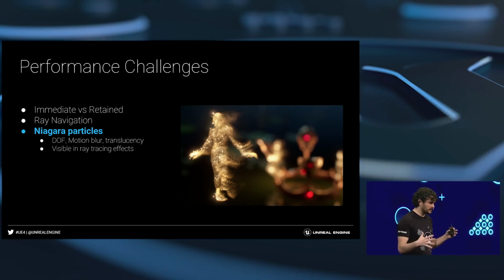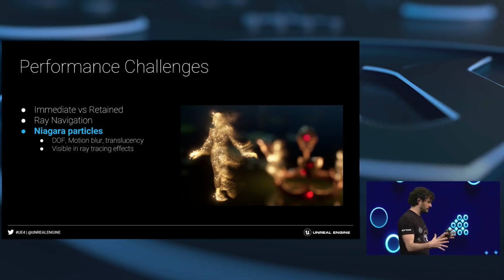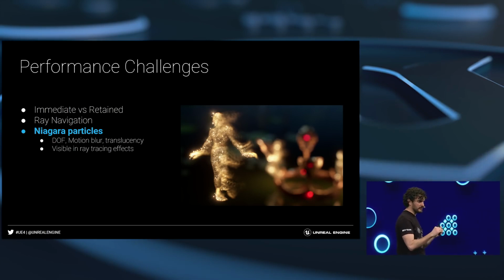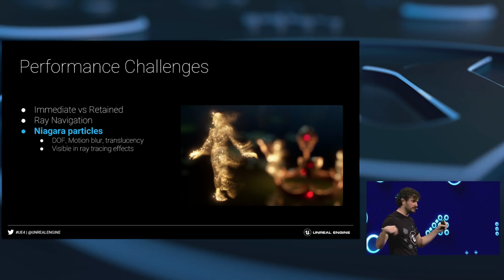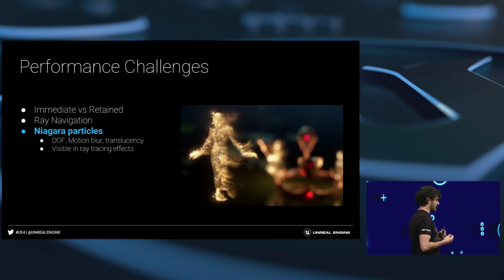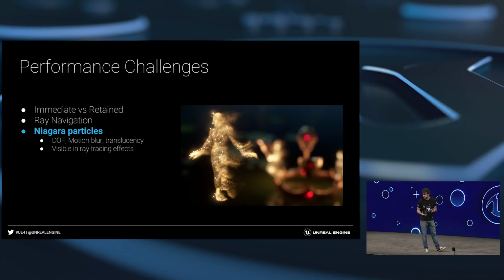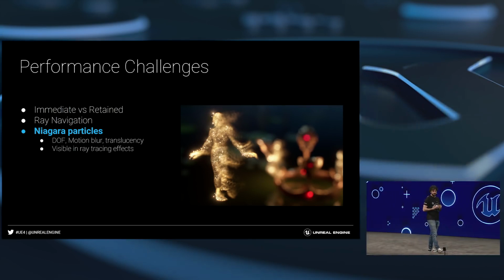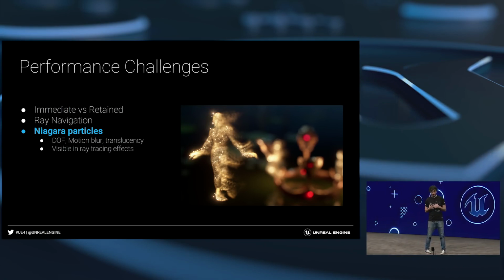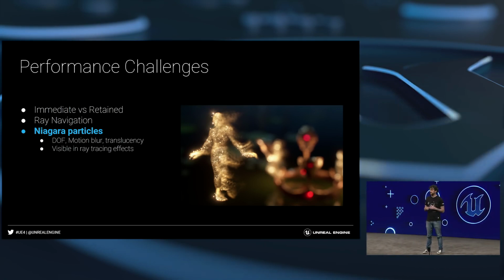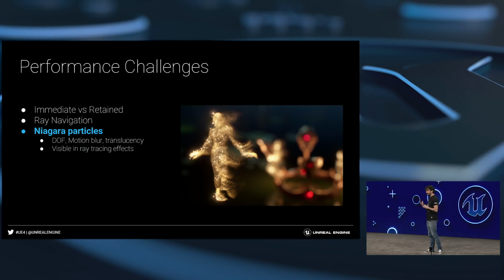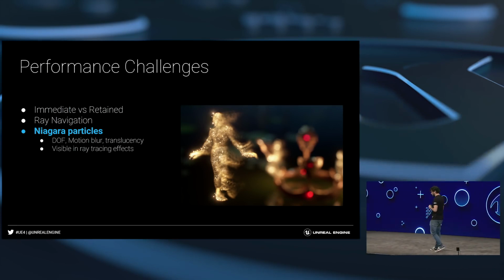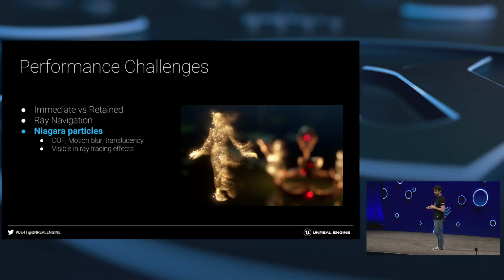That means that we cannot use an acceleration structure for ray tracing that we just update at every frame, because the movement is very dramatic, and that acceleration structure, that BVH, will degrade quickly. So we have to reconstruct the BVH at every frame. That is very expensive.